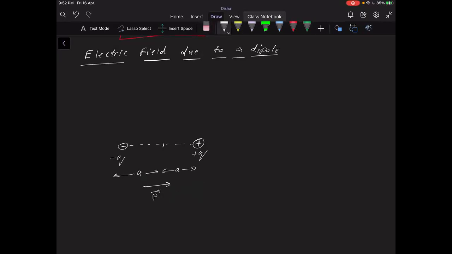So there are 2 points that I can take. One is the axial point. This is the axis of the dipole. This is the equator of the dipole. Axis, equator. Some point A, basically an axial point.